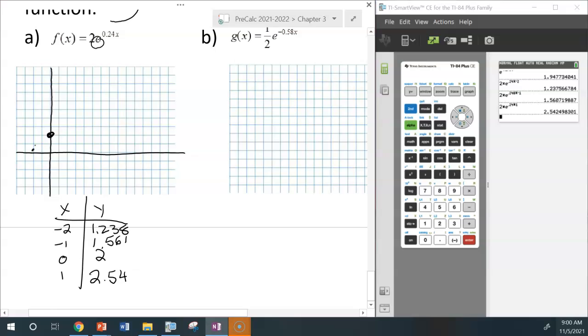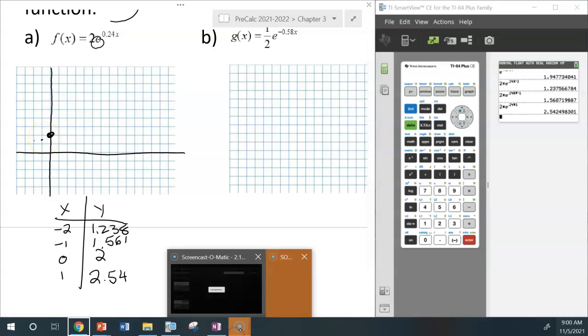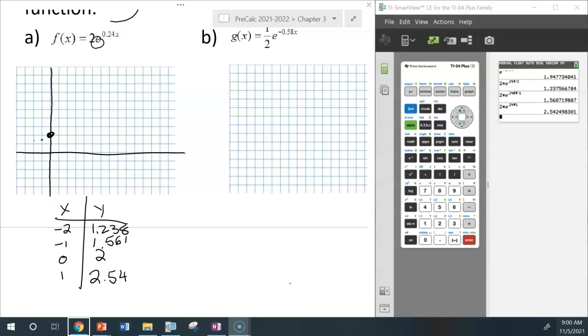Just kind of eyeball it. Negative 1 is a 1.5. Then at 1, we have 2.54. So this graph looks something like this.